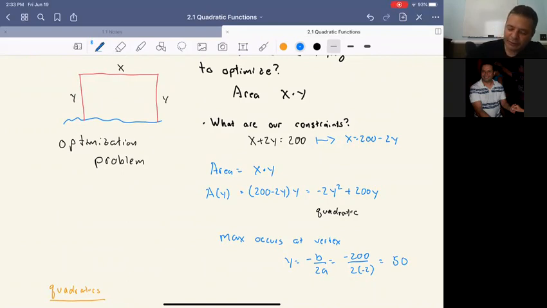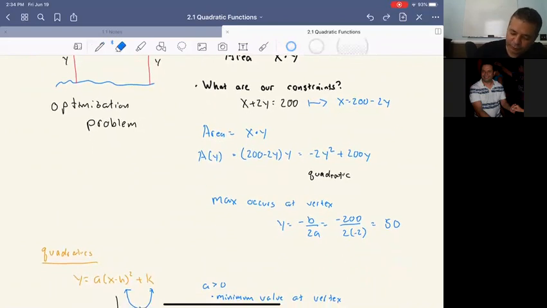Now if y is 50, then x, being 200 minus 2y, is 200 minus 100. That's 100. Now this is all in meters.